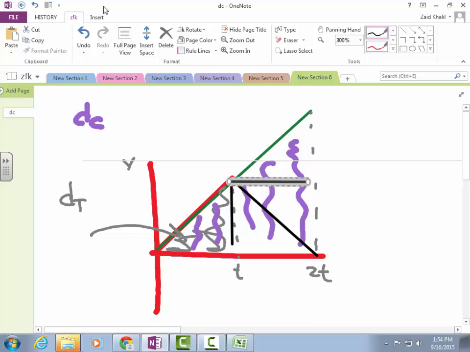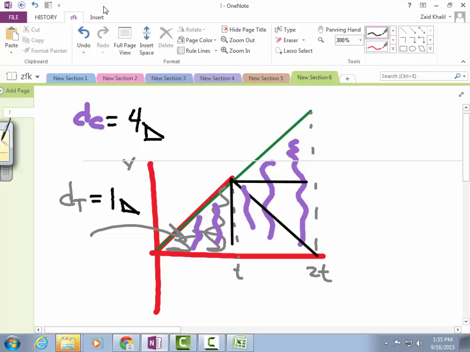Notice the displacement of the car is 4 triangles, whereas the displacement of the truck is 1. So there you have it. Geometrically, yet again, you get a very elegant visual solution, where DC is 4 triangles, whereas DT is just 1 triangle.